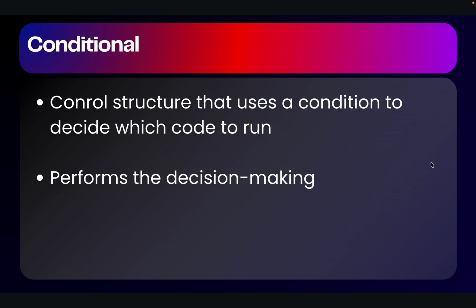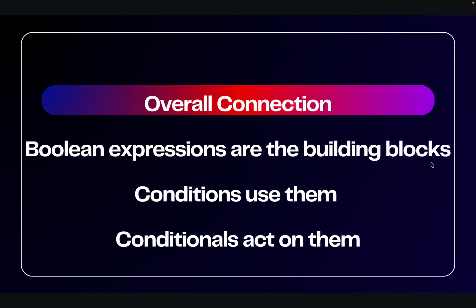Now, a conditional is a control structure that uses a condition to decide which code to run. So it's basically what's responsible for performing the decision making that will be occurring in your code. So how do we piece these together?